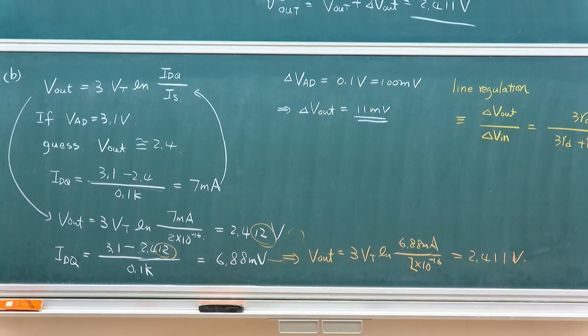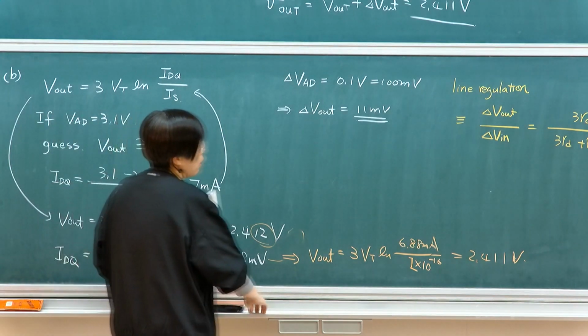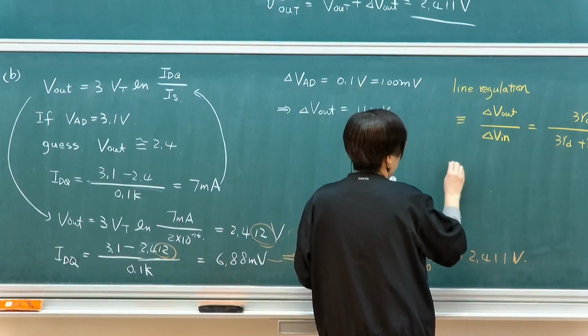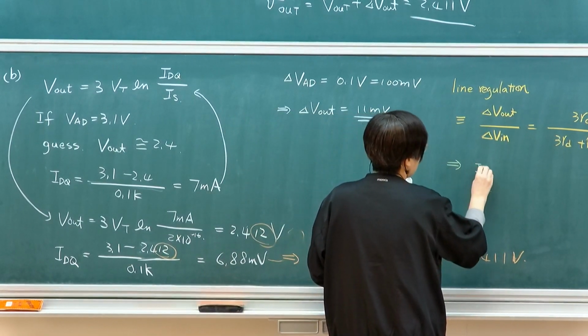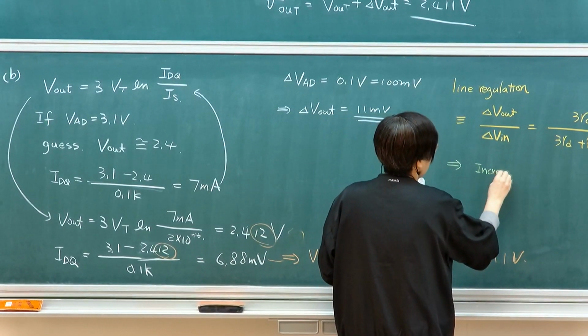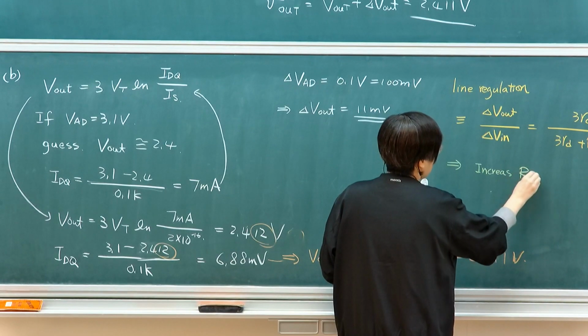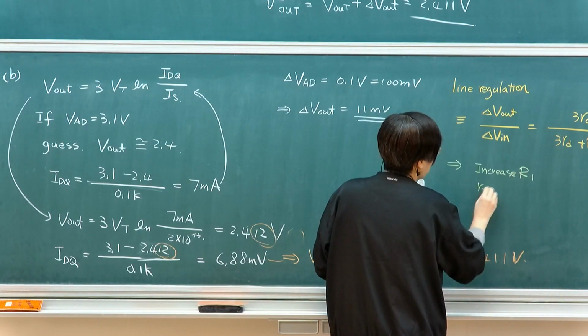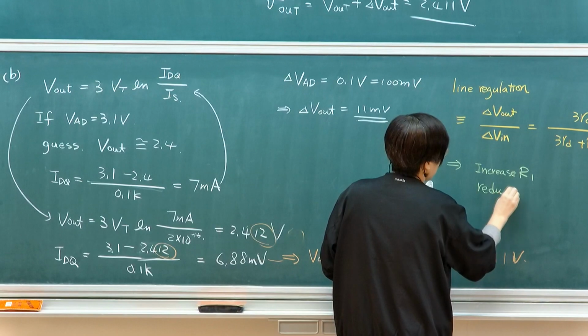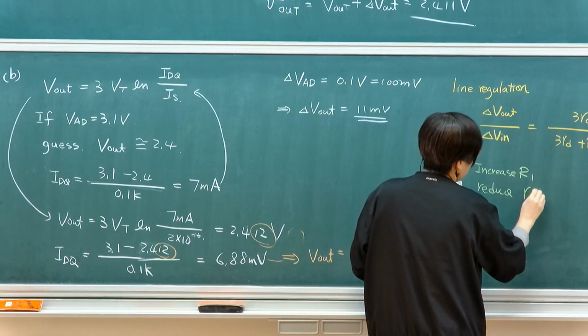So if I want to make my line regulator even less sensitive to input, what should be done? You basically look at two directions: you increase R1 or reduce RD.